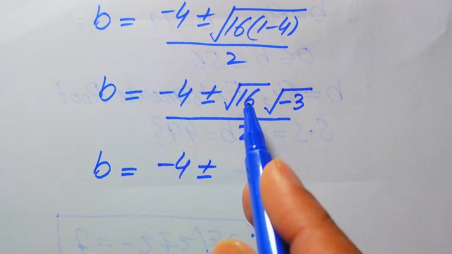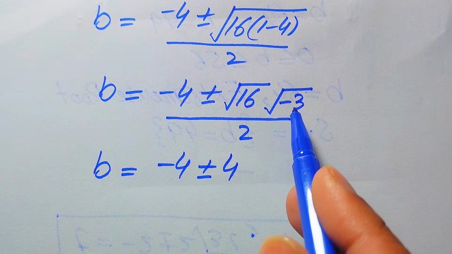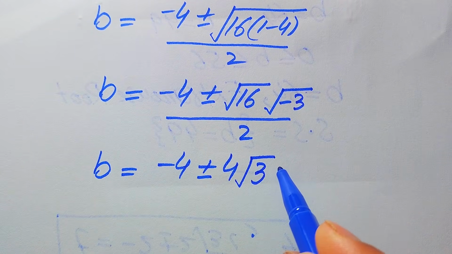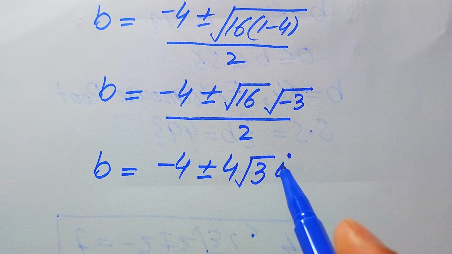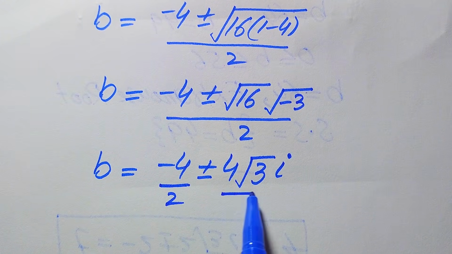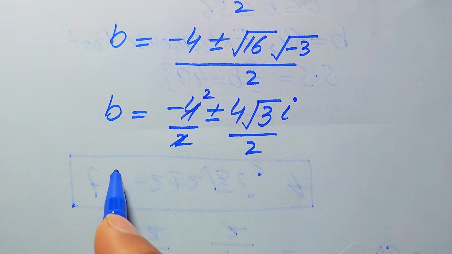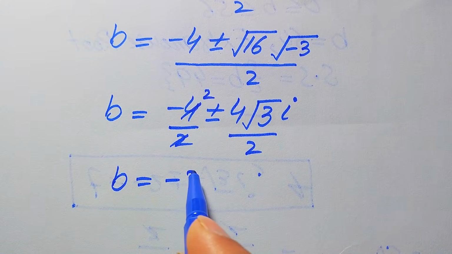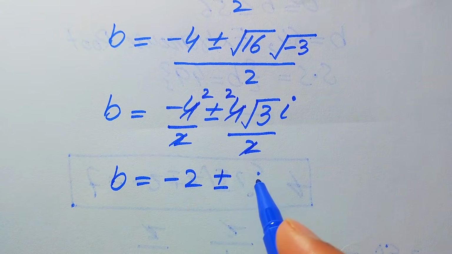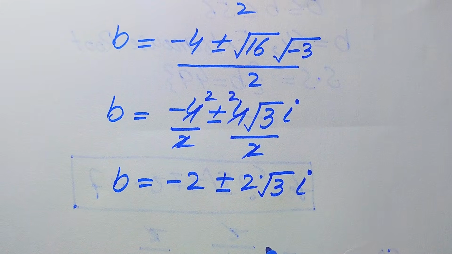And now in the next step we have b equals minus 4 plus minus. Here we know that the square root of 16 becomes 4. And here you see that when a negative sign appears inside the square root, it becomes iota. And here we break this fraction and write this 2 separately on both of these two values. So 2 times 2 becomes 4, and we obtain b equals minus 2 plus minus, this is also 2 times 2 becomes 4, and we get 2 times square root of 3 into iota.